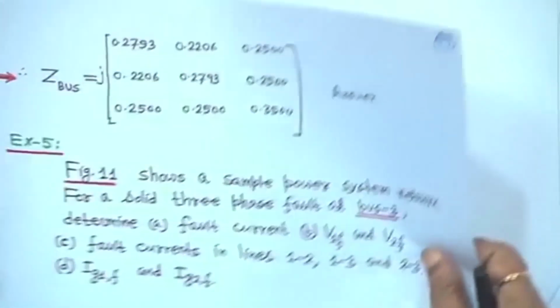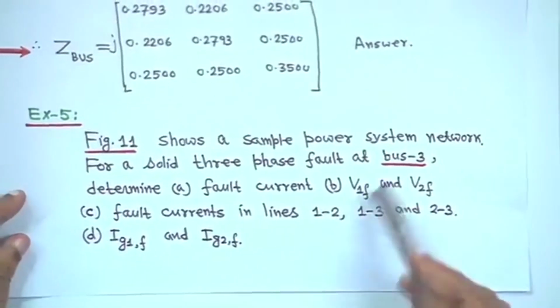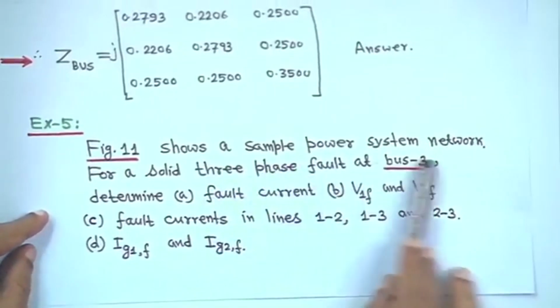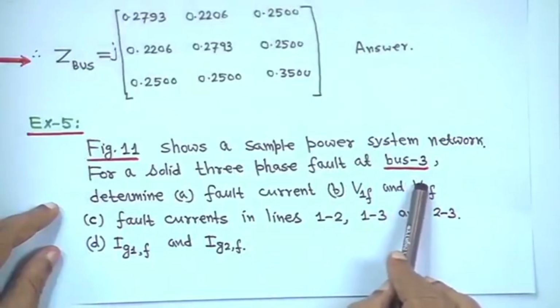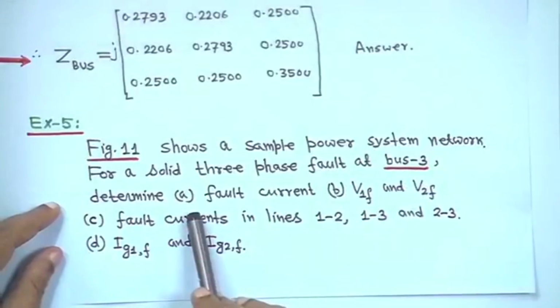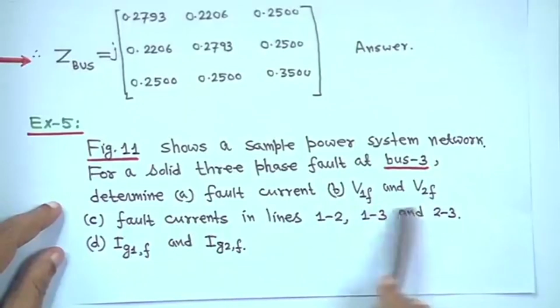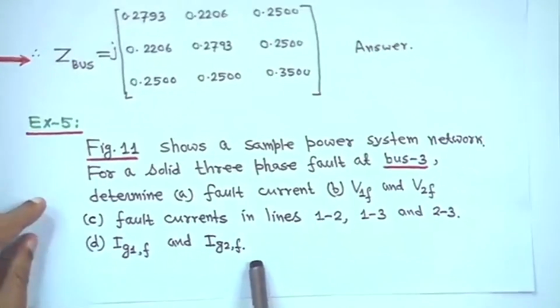So, then another small example we will take, that is figure 1, that shows a sample power system network for a solid 3 phase fault at bus 3. So, you have to determine the fault current, then V1F and V2F, and the fault currents in lines 1 2, 1 3 and 2 3, and IG1F and IG2F.